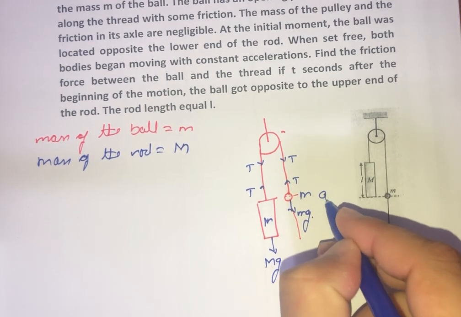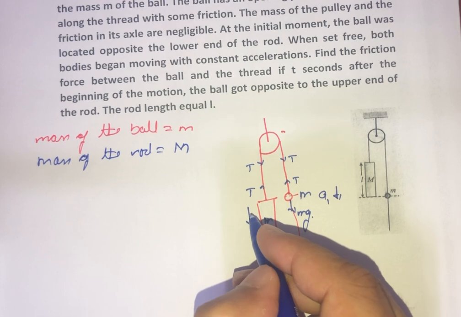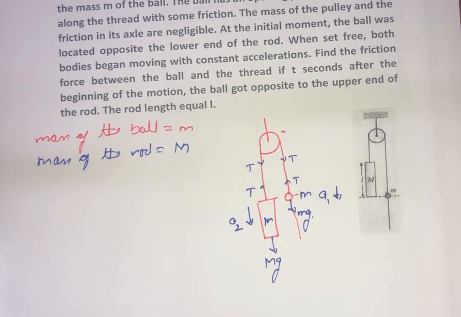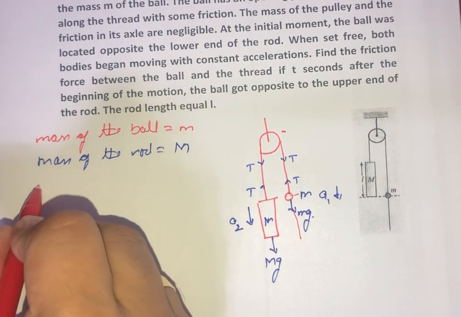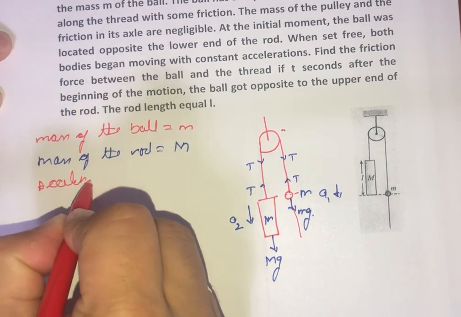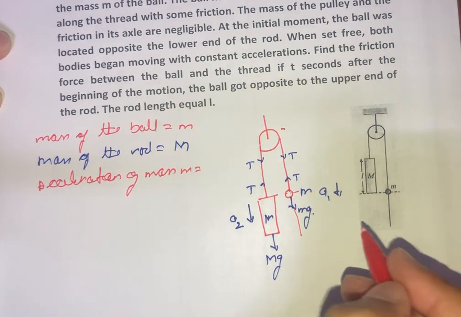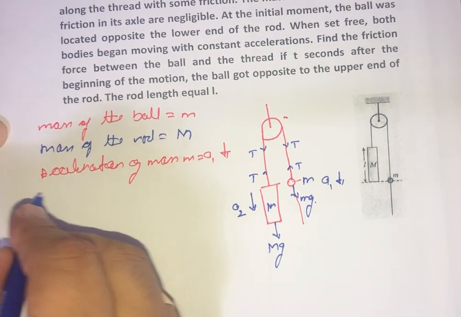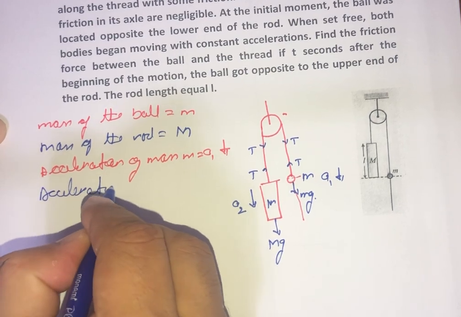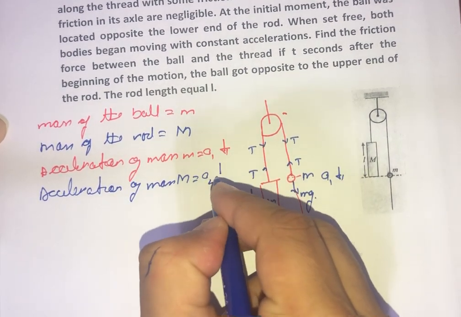So the acceleration of small m is a1 in the downward direction, and of mass capital M is a2, and it is also in the downward direction. So these are the forces acting on it.